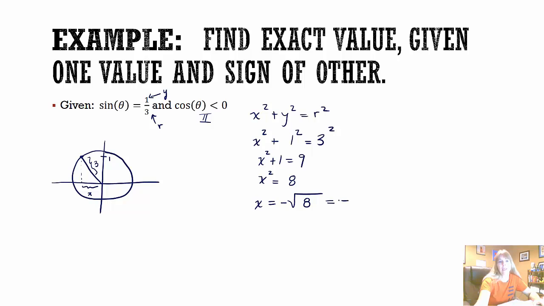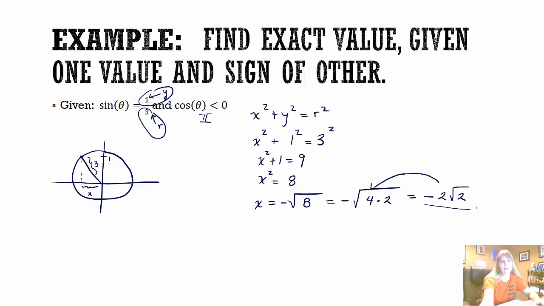Then I can break down this square root into 4 times 2, and the square root of 4 I can bring outside as 2, and I get that. All right, so I know what y is, I know what r is, and now I know what x is.